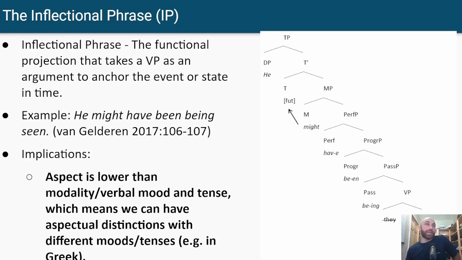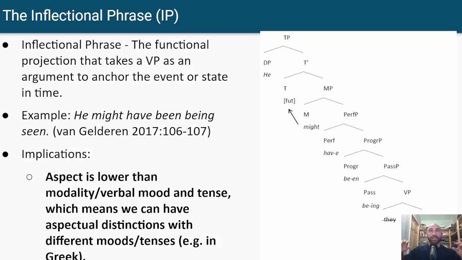So in Greek, the aspectual system, you can have an imperfective or a perfective, right, or a perfect. You can have those morphemes combine with the verb before tense. And we know that because there are tenseless verbs with aspect.